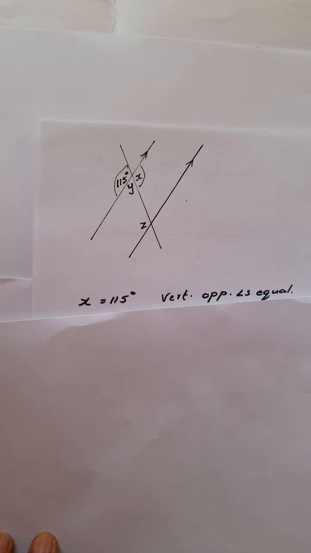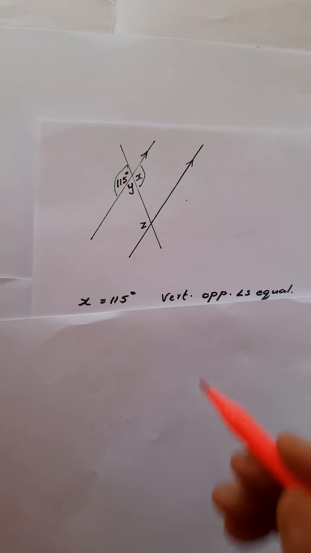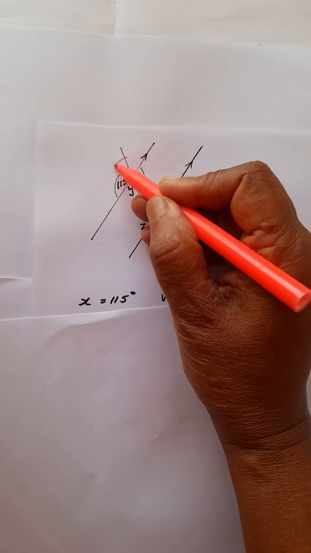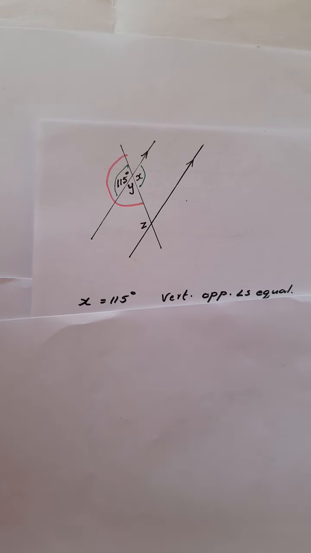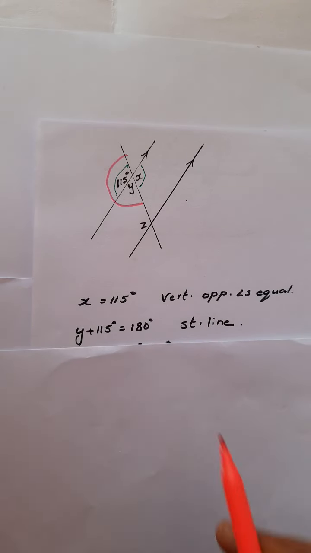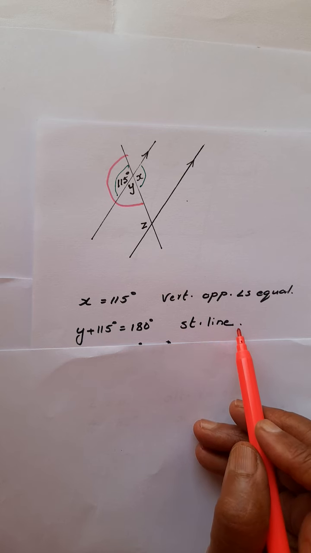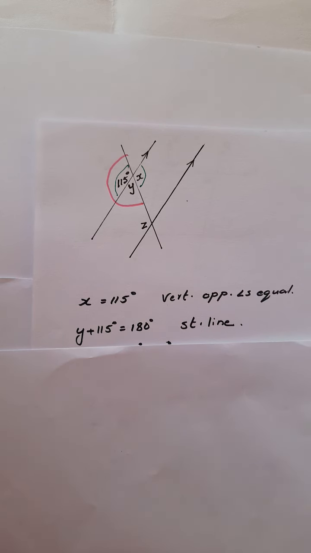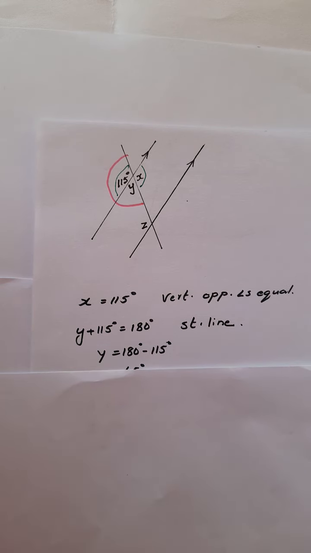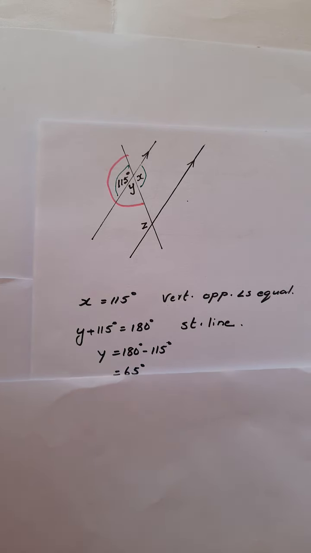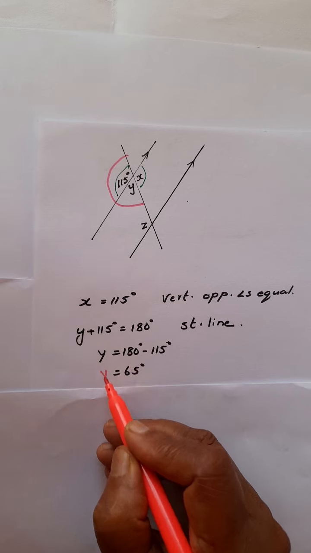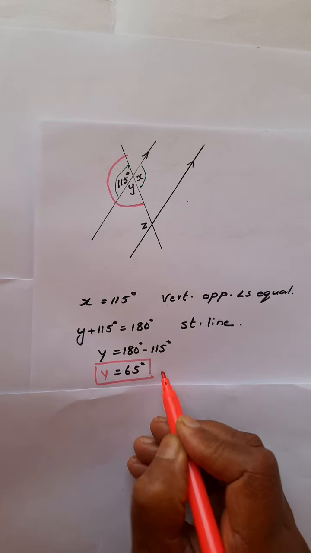Then to find y, we know y plus that 115 degrees add up to 180 degrees. So we can say those are straight line angles. Then y is equal to 180 degrees minus 115 degrees. Then y is equal to 65 degrees.